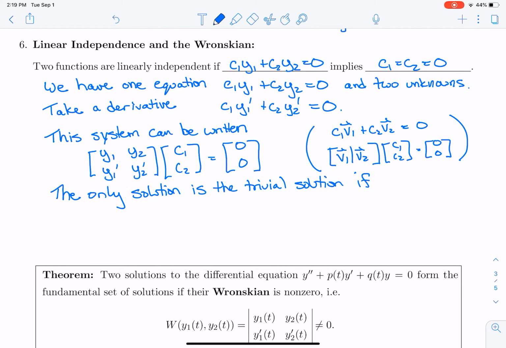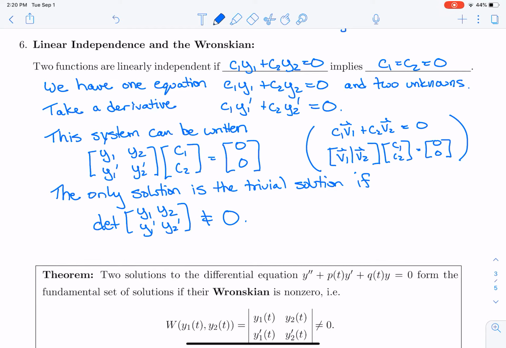Well, if the determinant of that matrix, formed by y1, y2, y1 prime, y2 prime, is not equal to 0, then the matrix itself is invertible and there's only one solution, the trivial solution. So showing that two functions are linearly independent comes down to taking the determinant of this matrix and showing that it's not equal to 0.